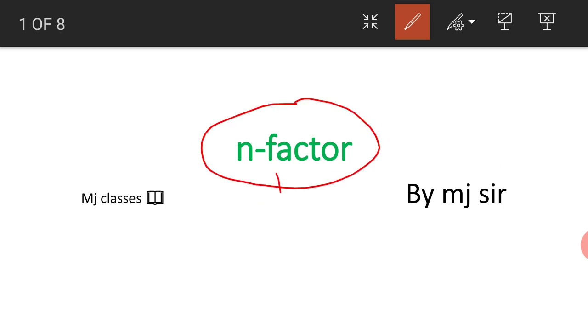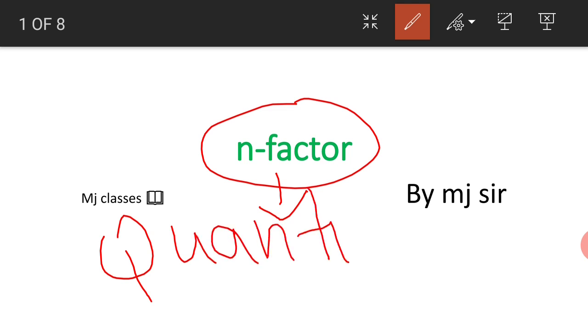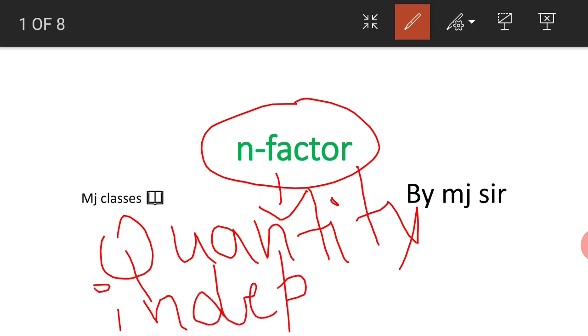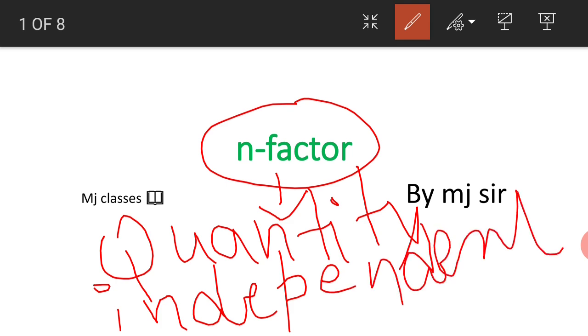Next, the second one is that it is quantity independent. What is the meaning of quantity independent? It means that if I change the quantity of chemical, there is no effect on the N factor.